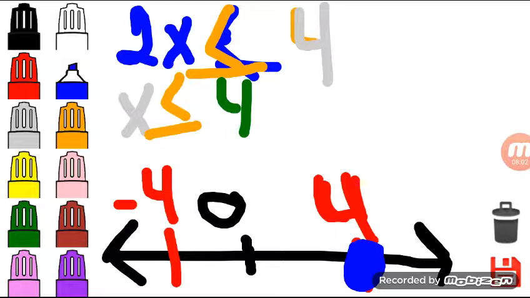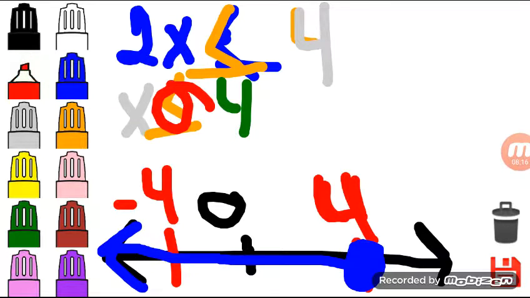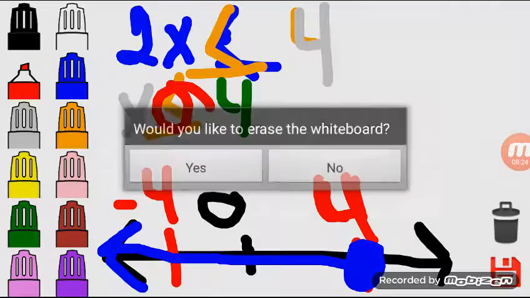Then it says less than. The way I remember this is whatever way it is pointing, I'll follow that. So I'm going to go to the left because this right here is pointing left. And that's how you graph that one.